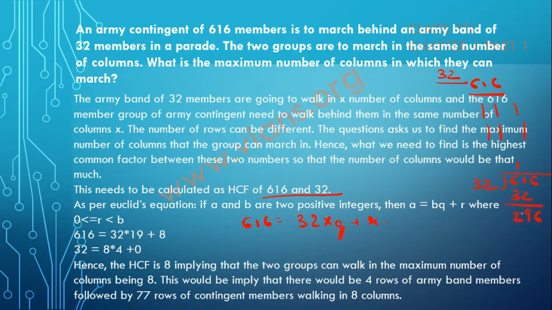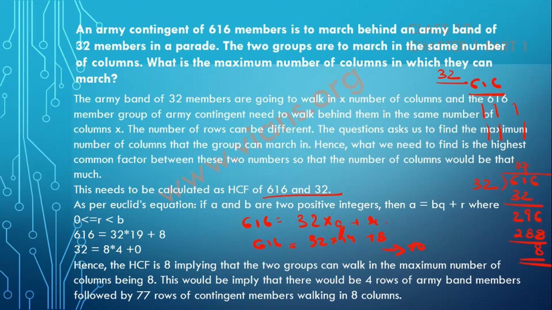So that's done. And then this is going to be 320, so this is going to be around 9. So that's going to be 32 into 19 plus 8. So the remainder is not 0.